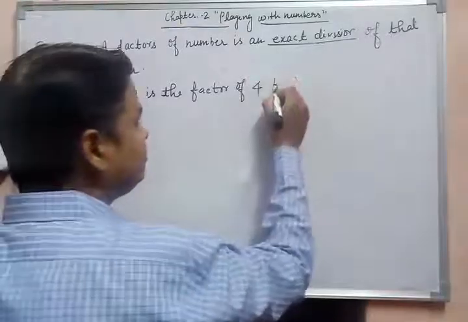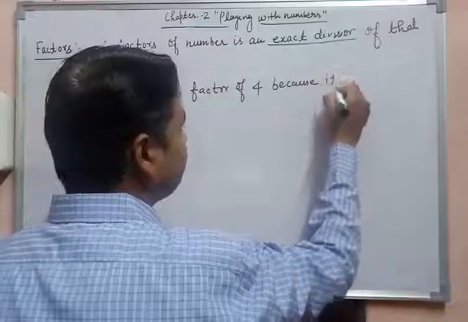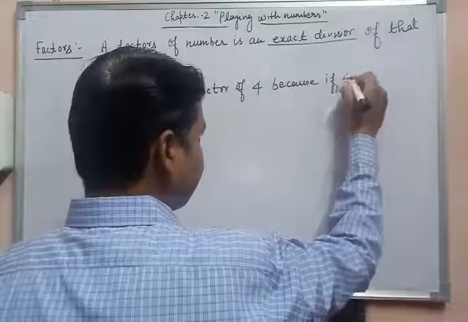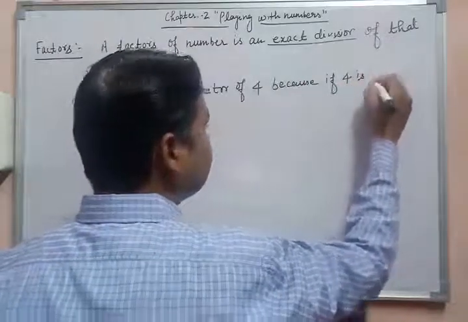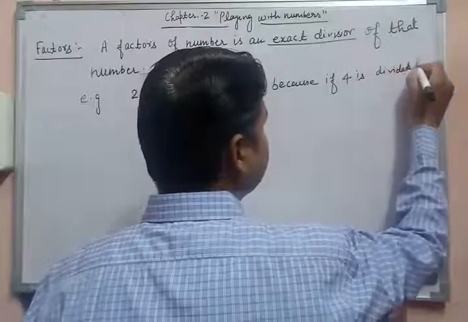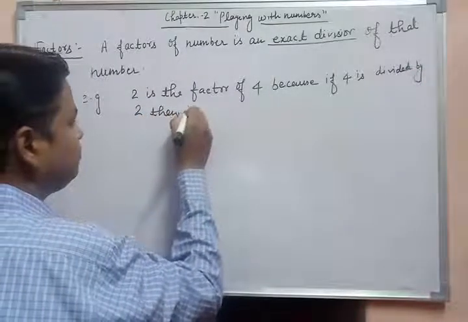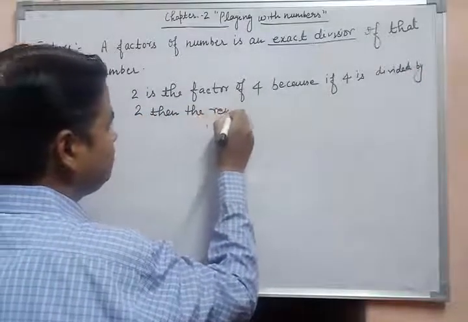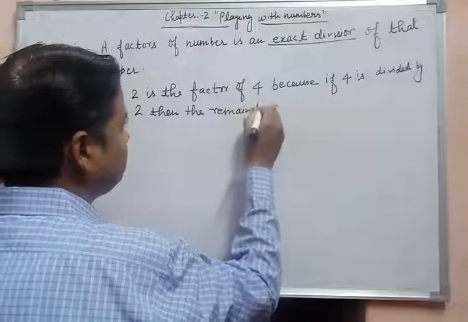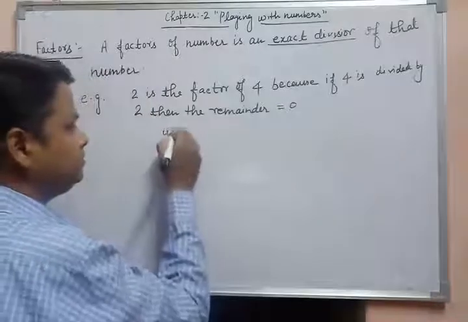Because if 4 is divided by 2, then the remainder is equal to 0.